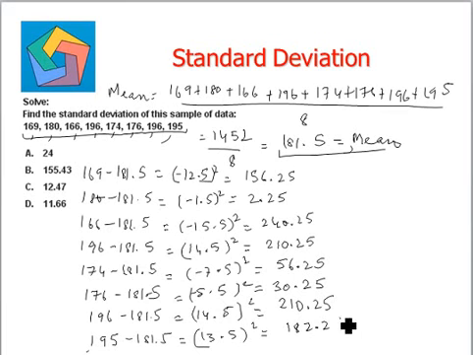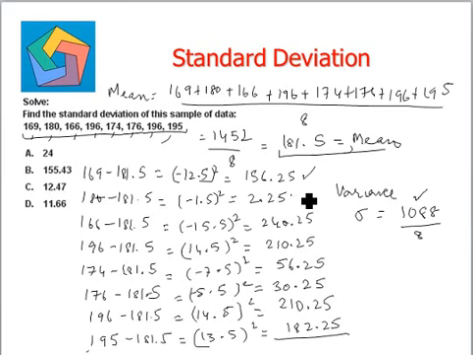Now we'll add up all the square differences and divide by the count, which will give us the variance, that is sigma squared, which is 1088 divided by 8. This 1088 is the total of the square differences, that is these that we've calculated just now.